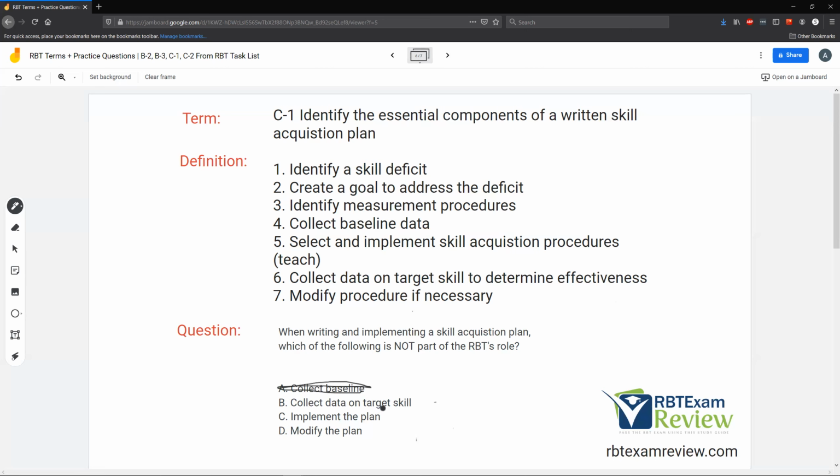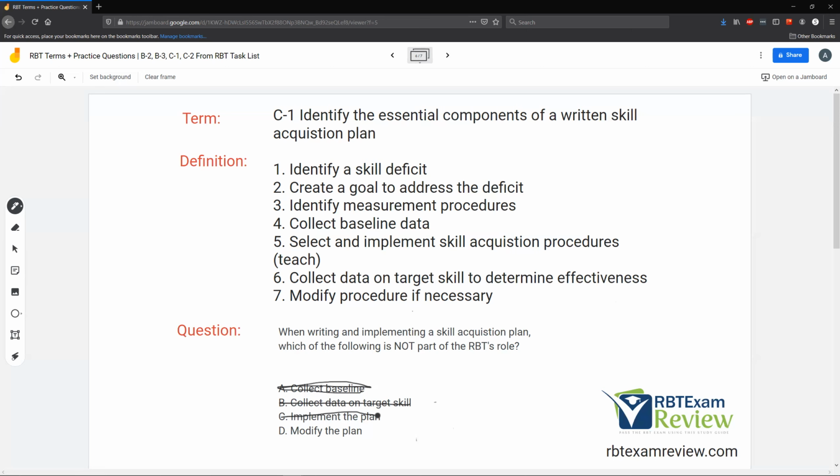That's your primary role, implementation, but as you're implementing, what should you be doing? Collecting data. So you're going to be collecting data every session, every day, on and on. Implement. Of course, implementing is your primary role. As an RBT, that is your main job, your primary job description, your primary role. So C is in.